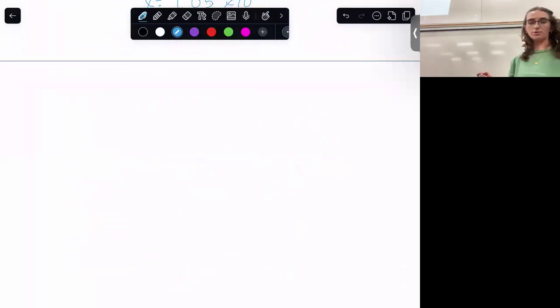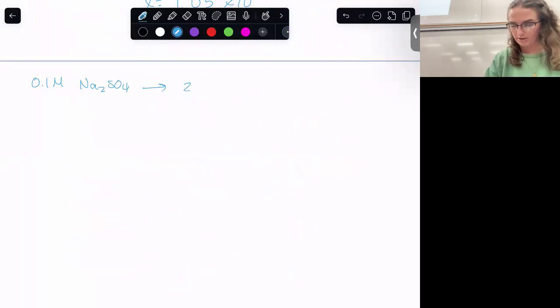So, right, we found what the molar solubility of barium sulfate would be, and then we said that for 0.1 molar Na2SO4, this will break apart in solution into 2 Na plus and SO4 2 minus.